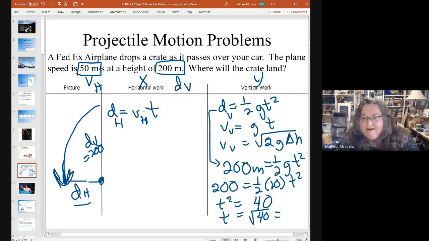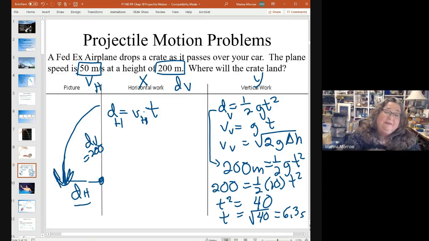Okay, so let's see if I did the math right. Okay, so square root of 40. Yeah, my calculator needs to be turned on. Is 6.3 seconds. Okay, so that's how long it takes to fall that distance.